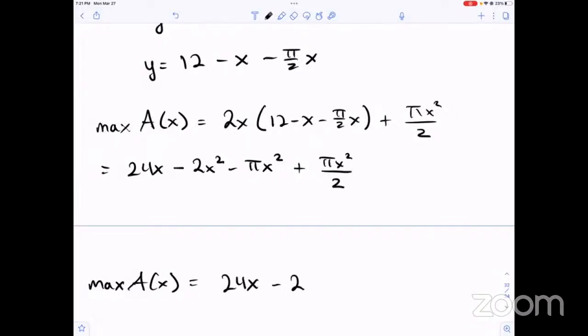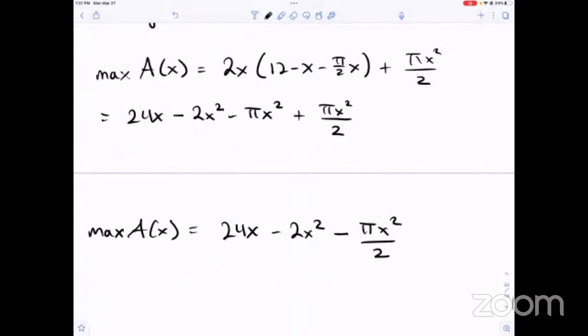Negative pi X squared plus 1 over 2 pi X squared is a negative 1 over 2. So then it's just going to be a negative pi X squared over 2. So now we have the area in terms of X alone. Now, if we want to maximize it, we're going to take the derivative, set it to 0, confirm that it's indeed a maximum, all that kind of jazz, right?